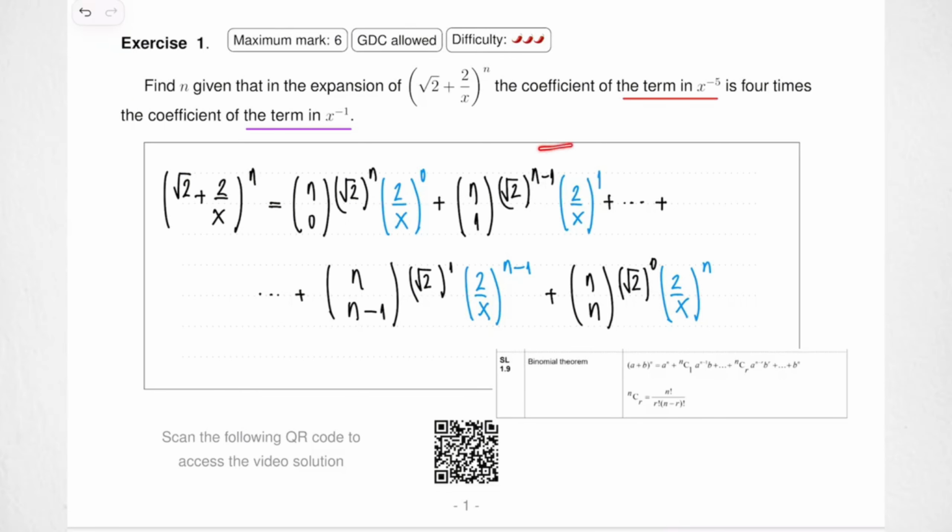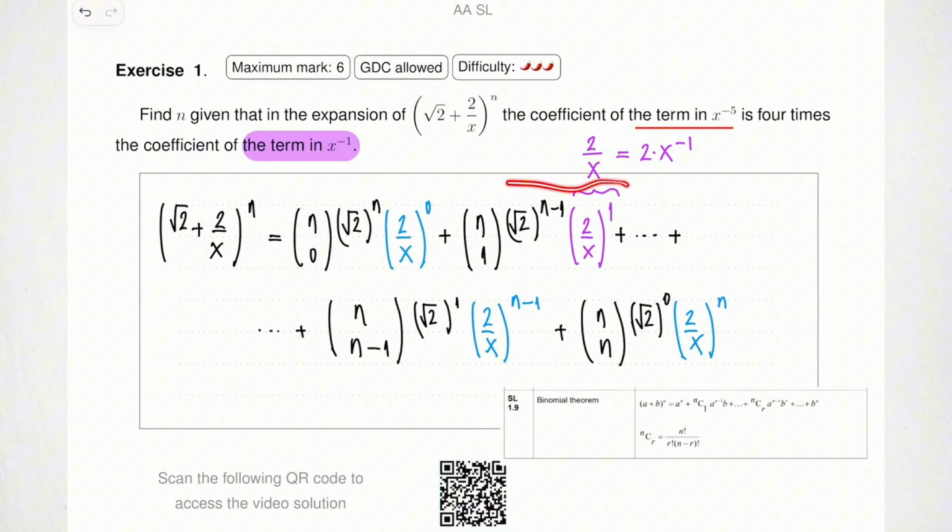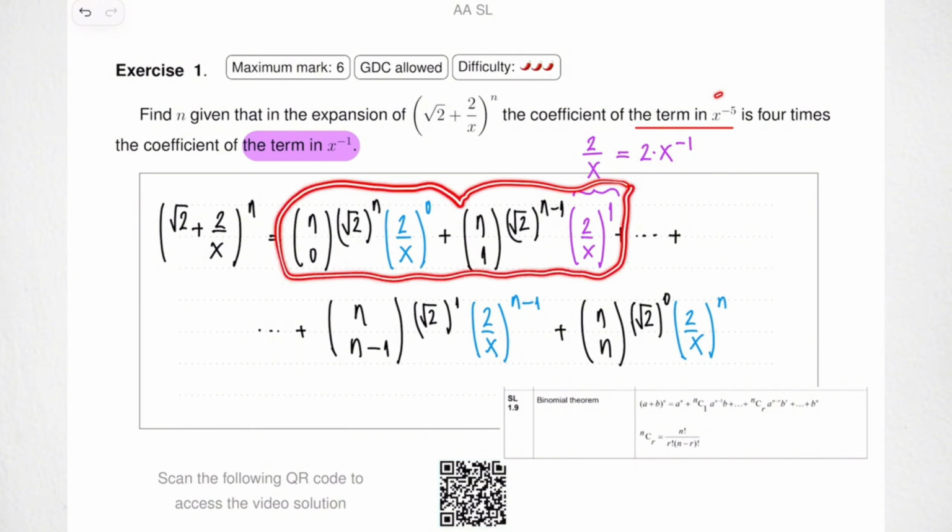And we can already spot the first one, the one which produces a term in x to the negative 1, which is this. Notice over here that we have 2 to the first power over x to the first power, which is of course 2 times x to the negative 1. So I'm going to color code this purple. And also notice that none of these will produce x to the negative 5. We actually have it showing up somewhere down the line here.